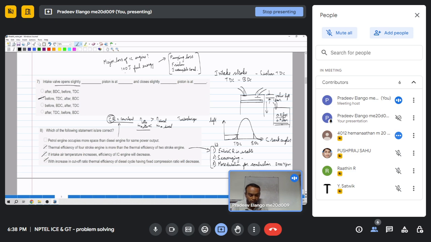So if I give 100 joules of fuel energy, only say 33 goes as useful work. Next 33 and next 33, you can split into one third, one third, one third. These are the major components of the energy share.